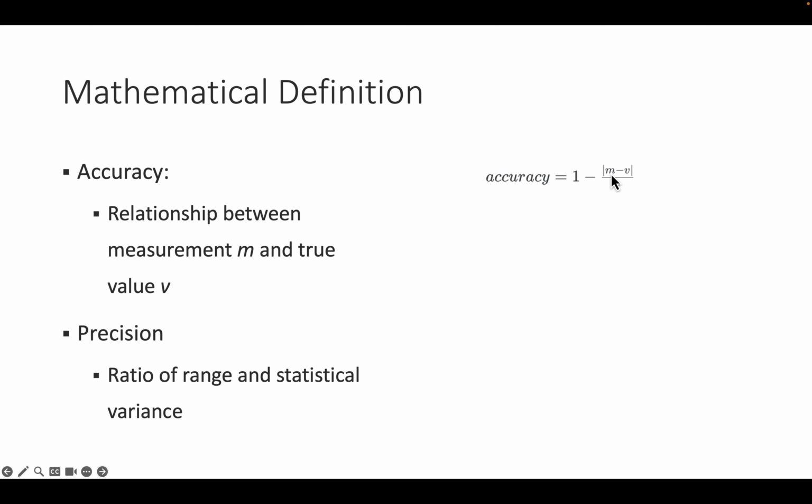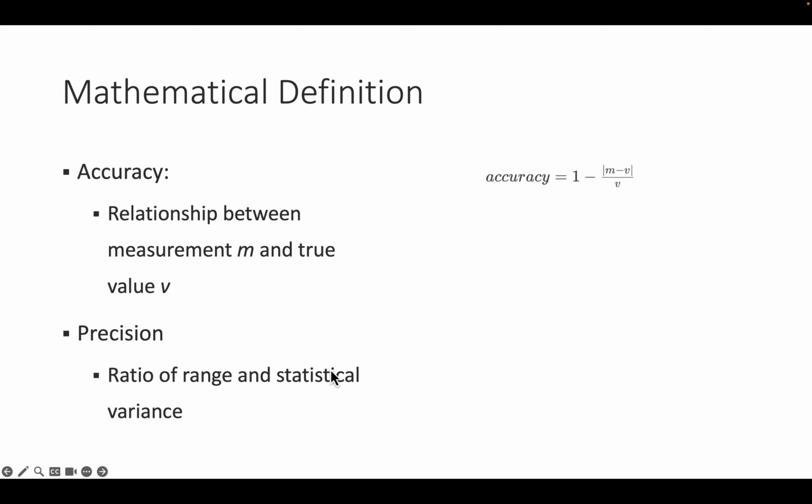Now, if the true value is not the same as the measurement, I will have the denominator here increase. I normalize it with the value and subtract it from 1. So let's say I measure 1 meter, but the true value is only 0.5. I will have 0.5 here. I divide it by 0.5, and the accuracy is actually 0.